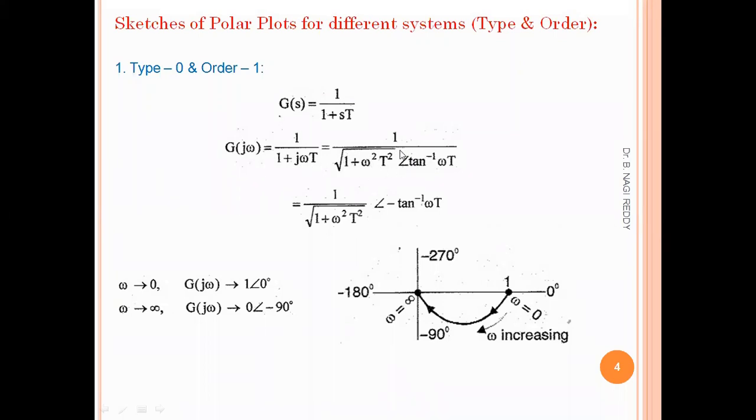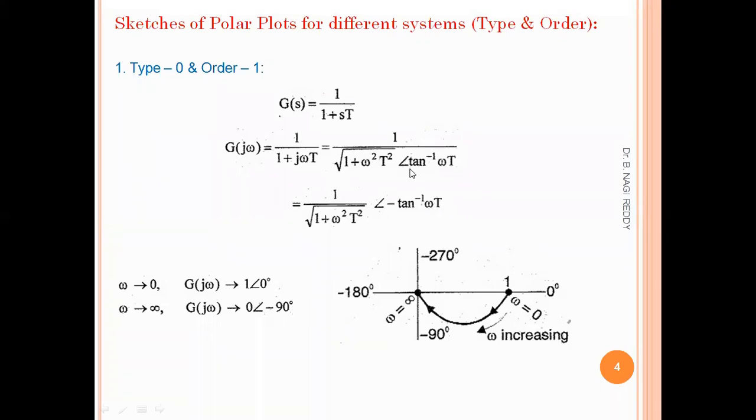So we will get the magnitude at an angle. And we know if the angle is in the denominator, we can bring this angle to the top by simply changing its sign. We know this from mathematics. So minus tan inverse of omega T will be the angle.